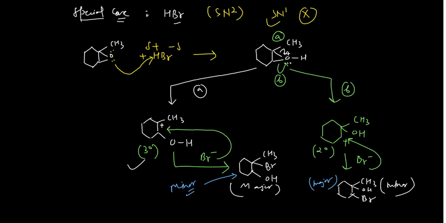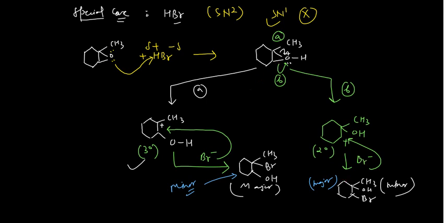The reason is quite clear. Br negative, which is this one, is a very powerful nucleophile. So before the formation of these carbocations, this Br approaches this intermediate and attacks from the less hindered side to produce this particular product.